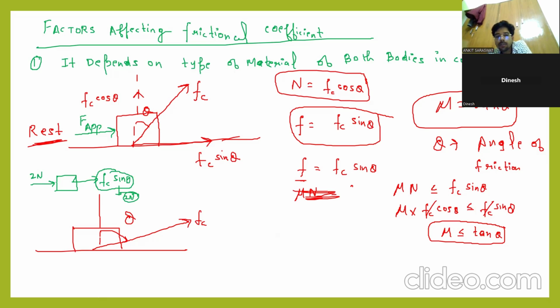Again you are increasing the force, again it is changing this theta, and it can increase up to a maximum value. Static friction maximum value is mu into N. This is limiting friction.